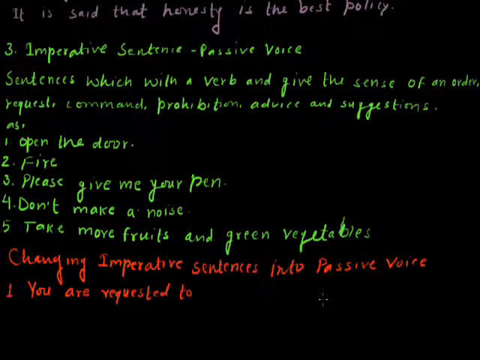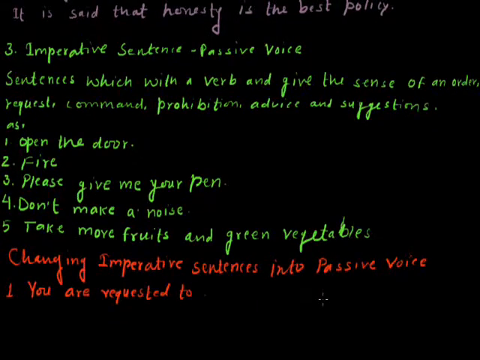If the active voice makes the sense of a request, we will simply write you are requested to. But if the active voice makes the sense of an order, then we can also write you are ordered to. If the sentence given makes the sense of prohibition, then we can also write you are prohibited or forbidden, instead of requested to.